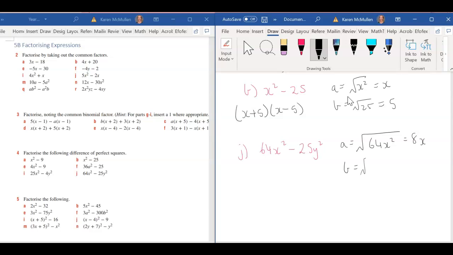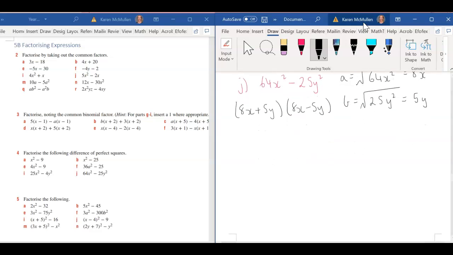Then b is the square root of your second term, 25y squared. The square root of 25 is 5, and the square root of y squared is y. So we're going to have (8x plus 5y)(8x minus 5y).